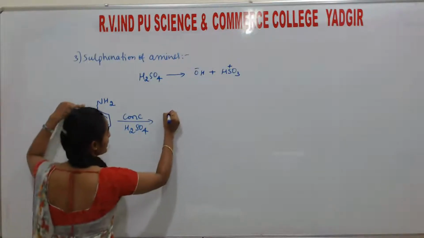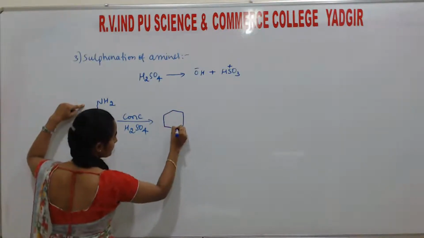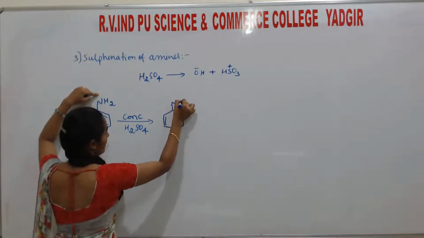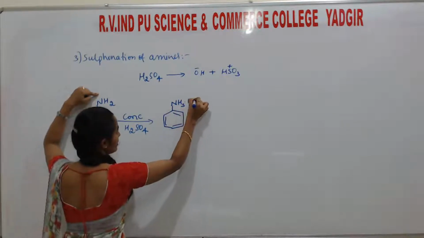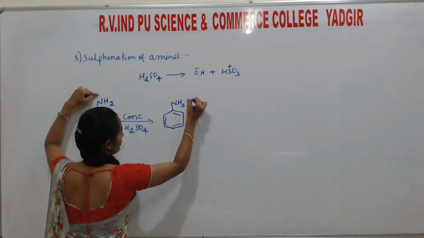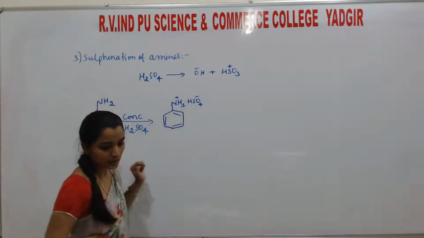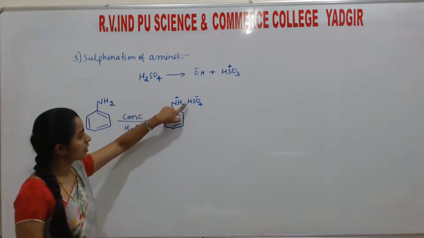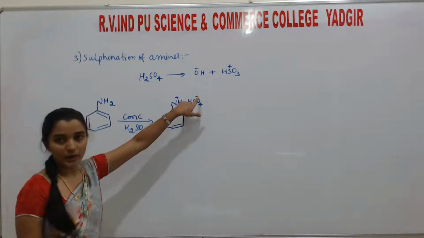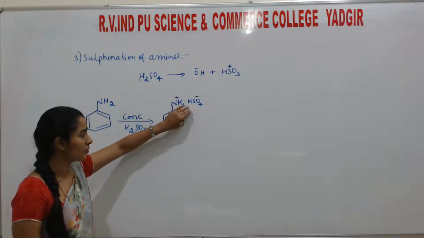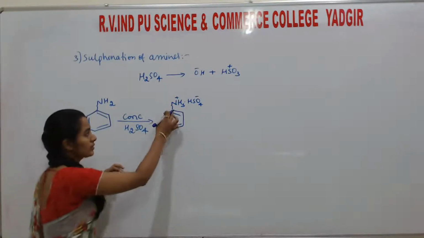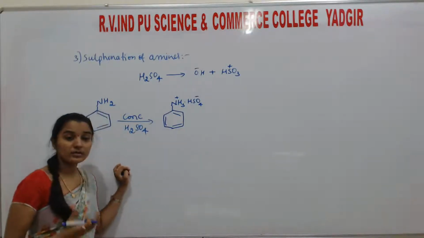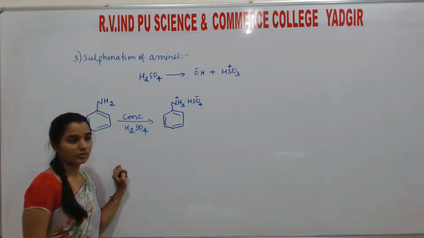So here, first it will form a salt, NH3+ HSO4-. One H is attached here, that is NH3 plus, and HSO4 minus, just H2SO4 is added here. How? One H is attached to the nitrogen and it becomes plus, and HSO4 minus. Then the water molecule is removed.